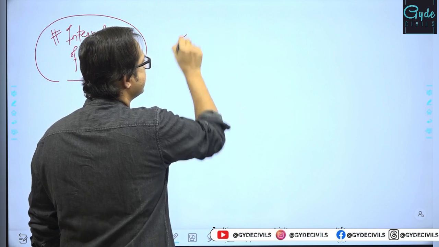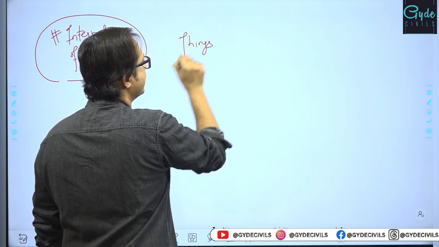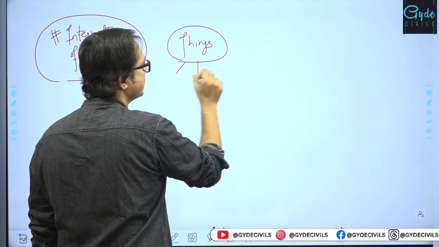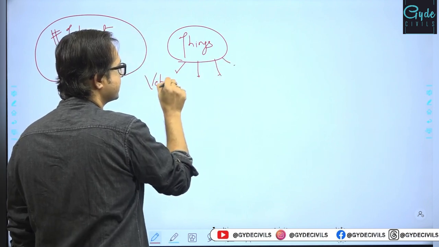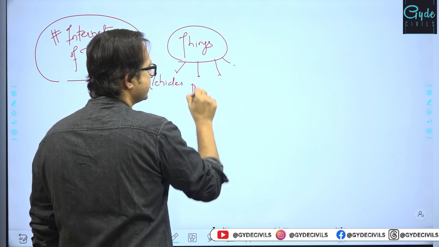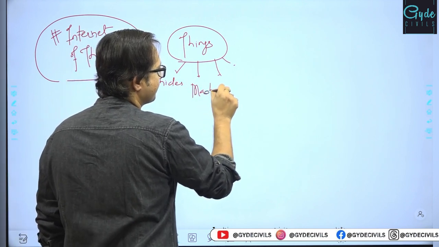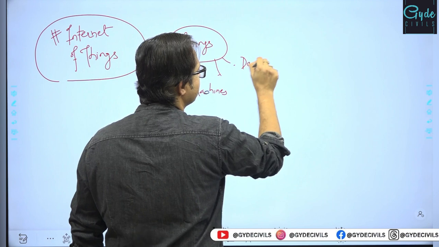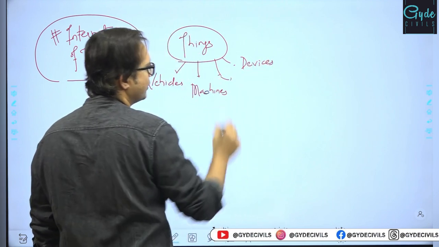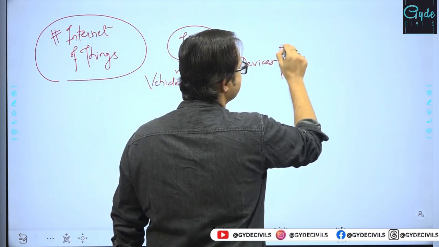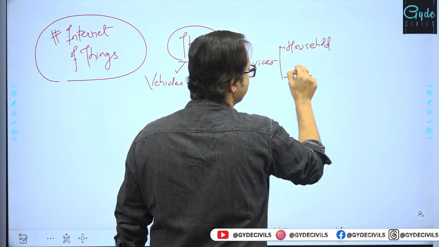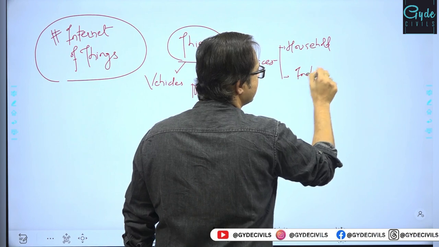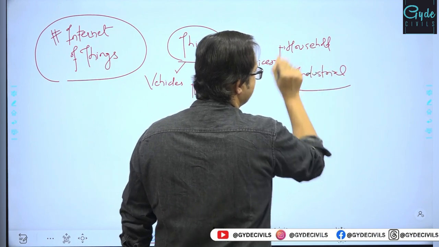That is, the things. When we say things, then things can be all the physical objects that we see, right? They can be vehicles, they can be machines, they can be devices, right? All these devices can be either household devices, these devices can also be industrial devices, right?